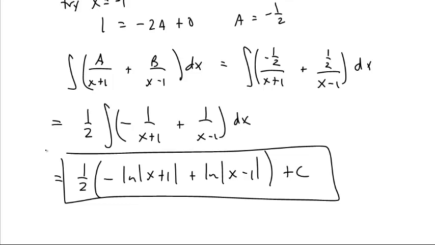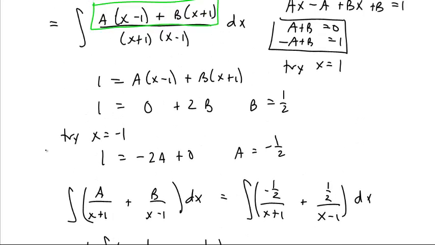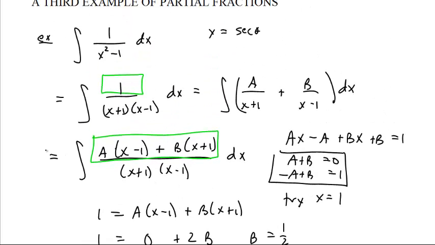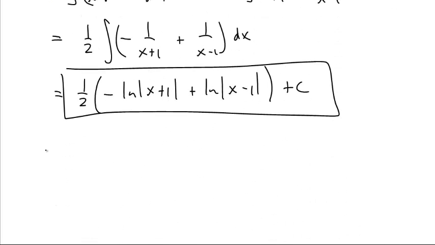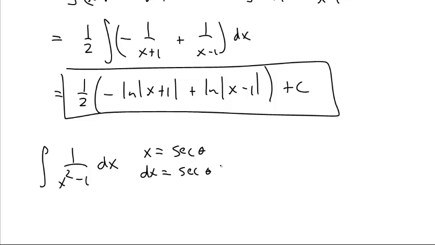So it is a big advantage. Is this better? If we had done trigonometric substitution, what would we have gotten? This was the integral of 1 over x squared minus 1 dx. If x were secant of theta, dx is secant theta tangent theta d theta.